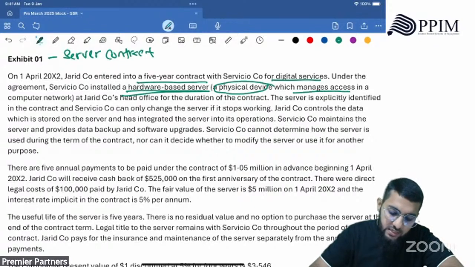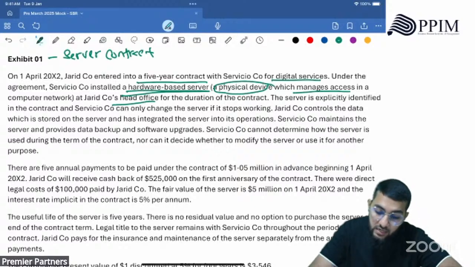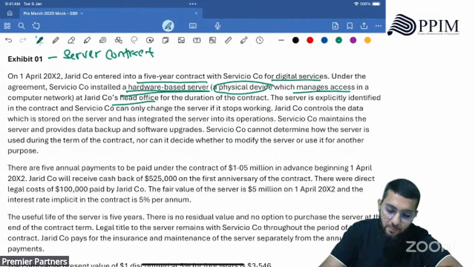The server is explicitly identified in the contract, and Servicio Co. can only change the server if it stops working, malfunctions. So that brings us the identifiable. Okay, we can apply that directly.